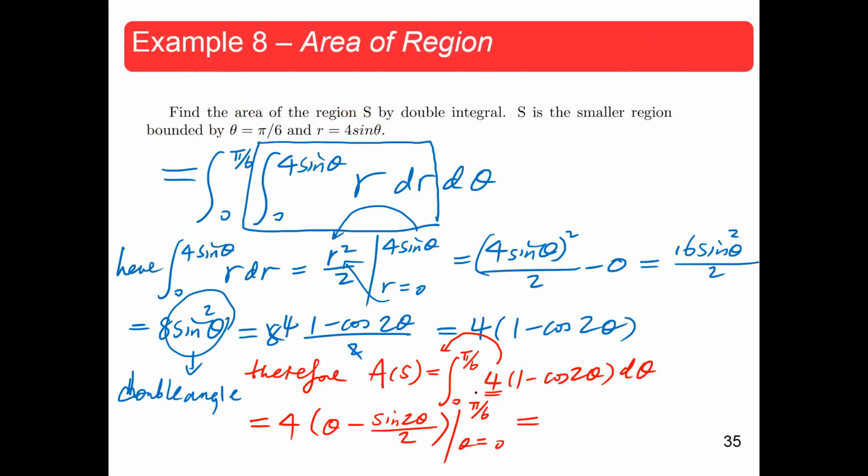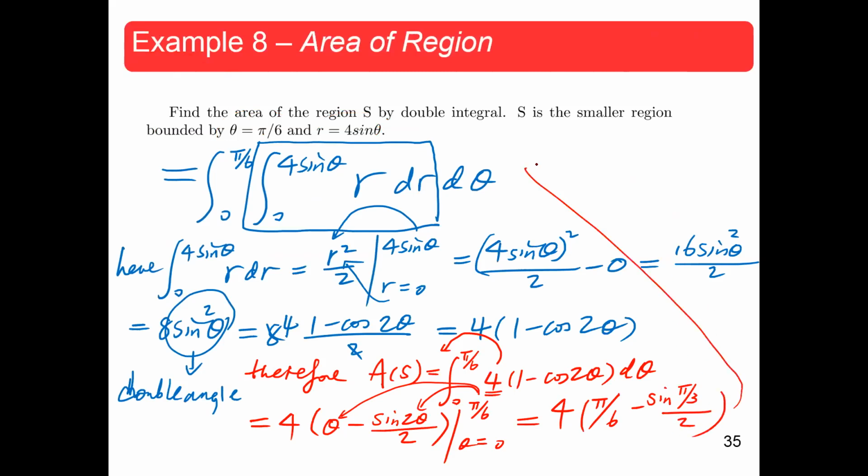Okay, well, let's go ahead and plug pi over 6 in for theta and plug 0 in for theta. When we first plug in pi over 6, I should have pi over 6 minus sine 2 times pi over 6, which is pi over 3, and divide by 2.